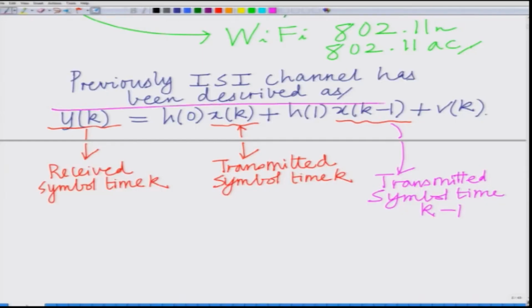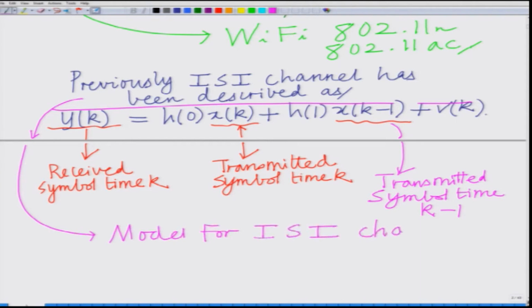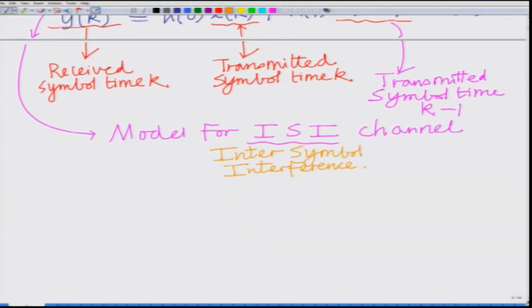This is the model for your ISI channel, where ISI stands for intersymbol interference.